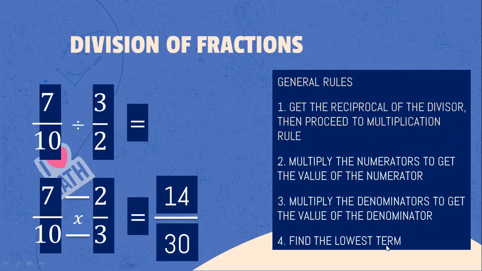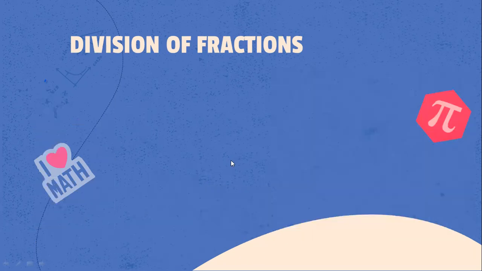Then we find the lowest term. 14 over 30 can be reduced because both numbers are divisible by 2. 14 divided by 2 is 7. 30 divided by 2 is 15. Our final answer is 7 over 15. 7 over 10 divided by 3 over 2 is 14 over 30, or 7 over 15.